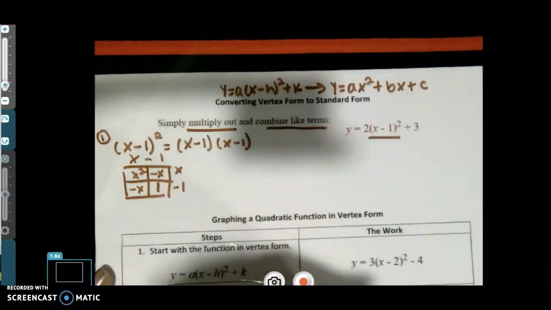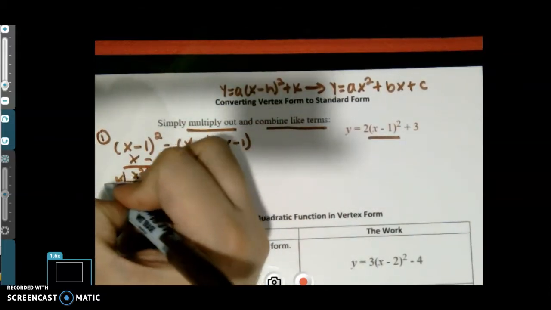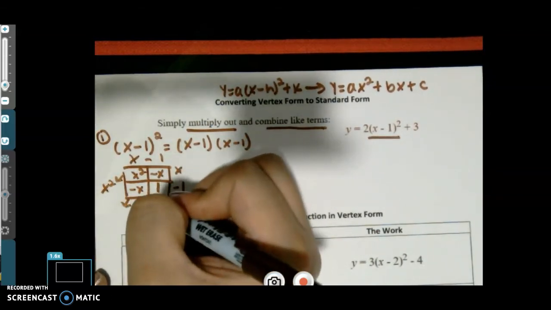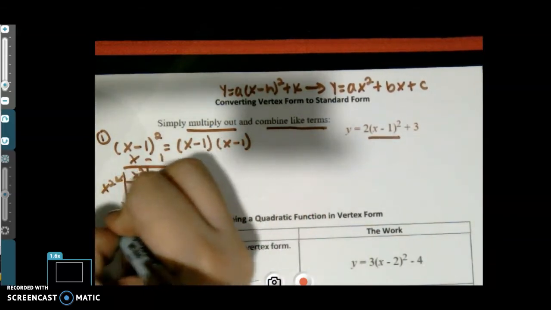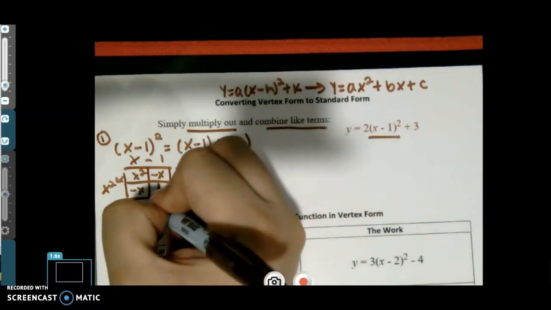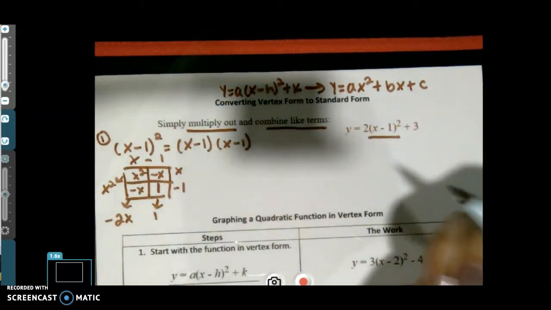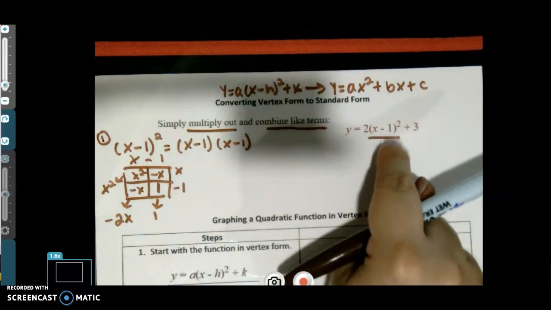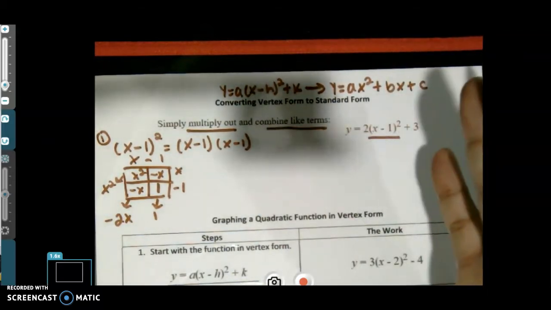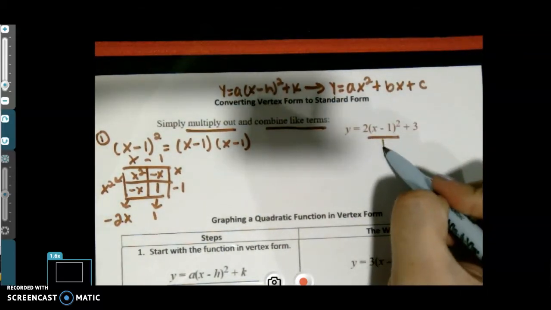So now let's bring it all out. It's going to be x squared. Negative x plus negative x, combine like terms, which is negative 2x because there's 2 of them. Then plus 1. So it's a positive 1. Okay, so we basically just multiplied this out. That was my first step. Now my second step is that I actually have to substitute this part.